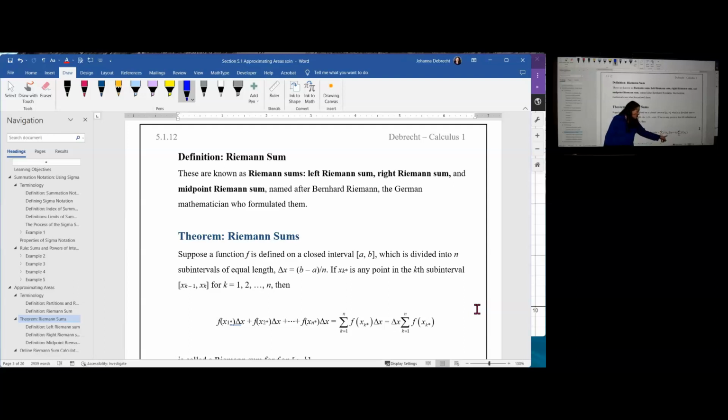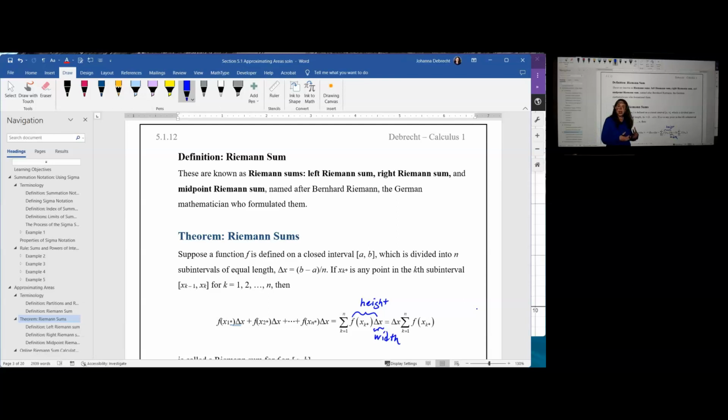F of x sub k star is the height of the rectangle. Delta x is its width. This gives us height times width, which is the area of each box. And then we add all the areas together.